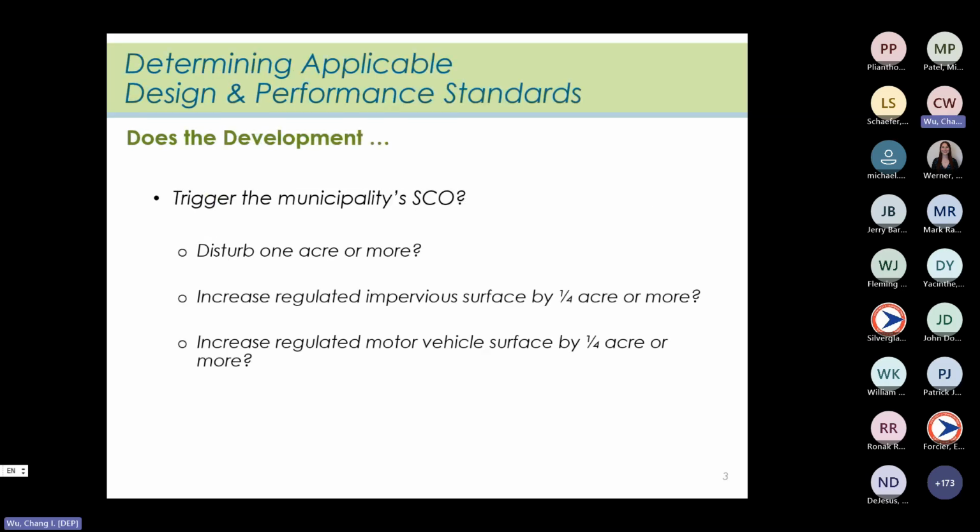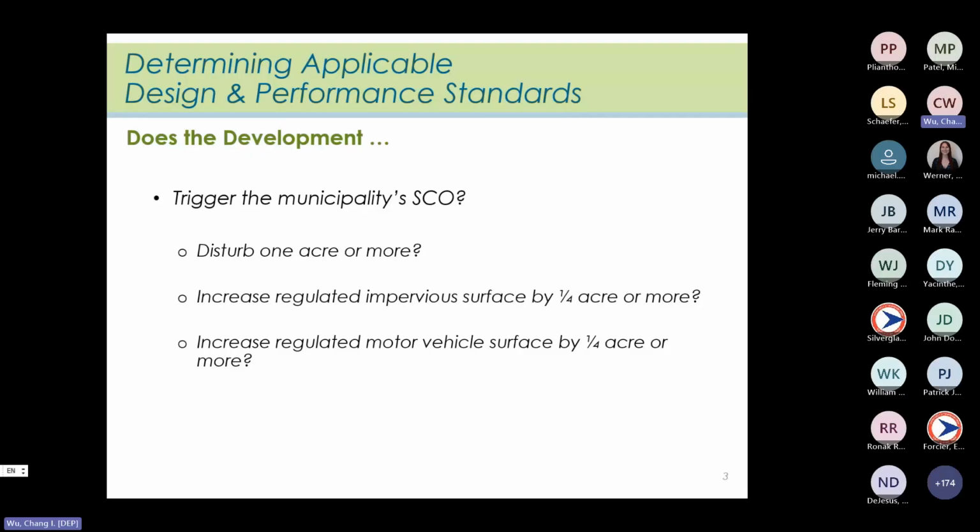First things you have to ask is, is this project a major development? Does it trigger the municipality's stormwater control ordinance? So for this project we are looking at, this municipality adopted its SCO pursuant to the stormwater management rules adopted on March 2nd, 2020.